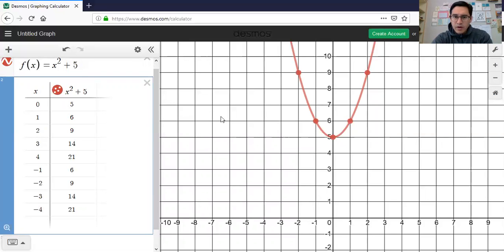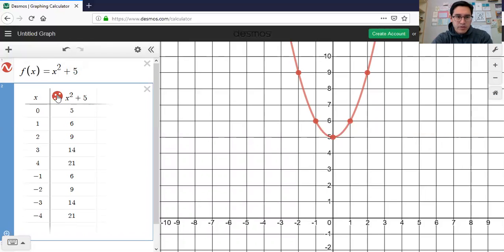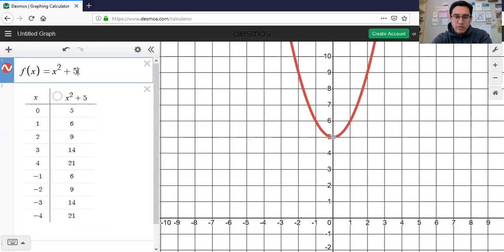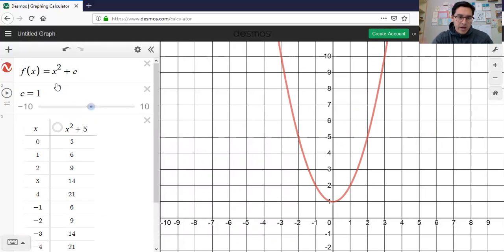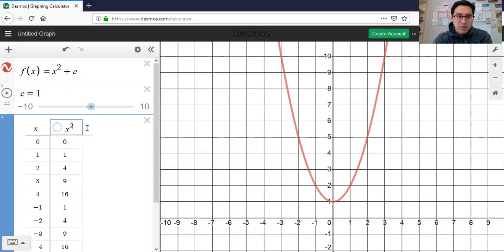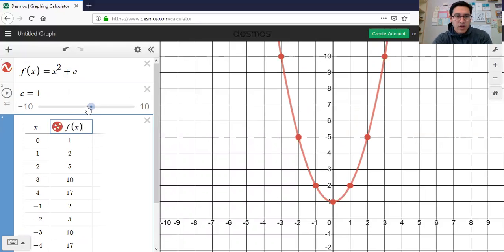All right, so here's a neat little thing that we can do in Desmos. Let's take that off, and let's just choose a variable there. All right, and then I can create a slider, and I can just change that variable. Okay.